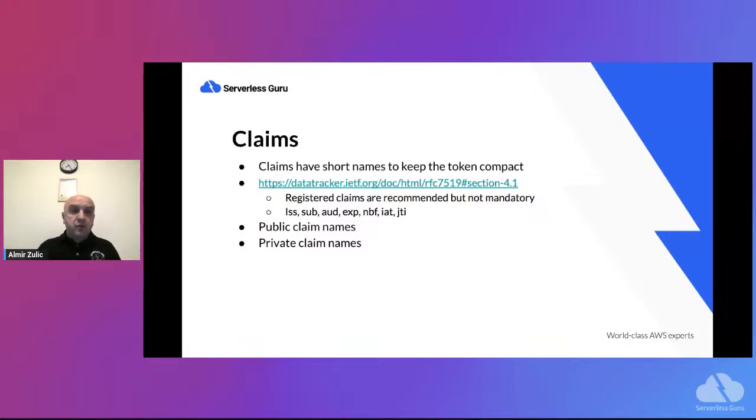So if you put lots of claims within your token, then your token can be very large, and then you might have an issue with making requests to the server. That's why all these claims have very short names.